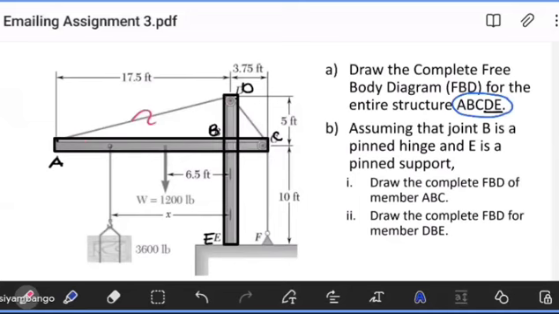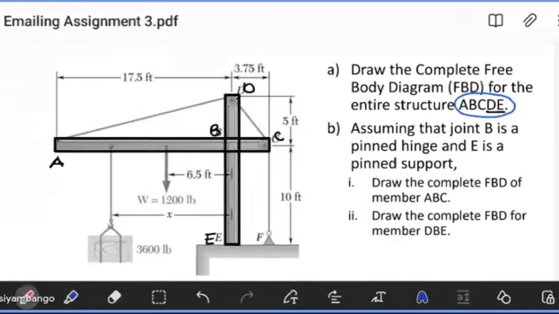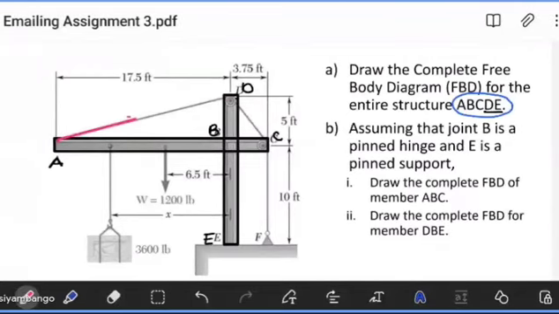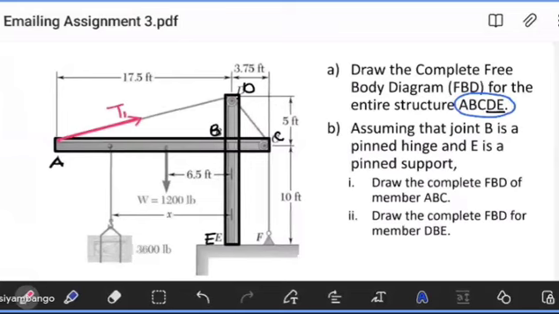So here we have one rope. So the force due to this rope will have to be a force that goes in this direction, pulling away from our structure. So we can label this rope as tension 1. So everything has to be labeled. You're going to give it an assignment. So should we have to find it, we know exactly what assignment we get.